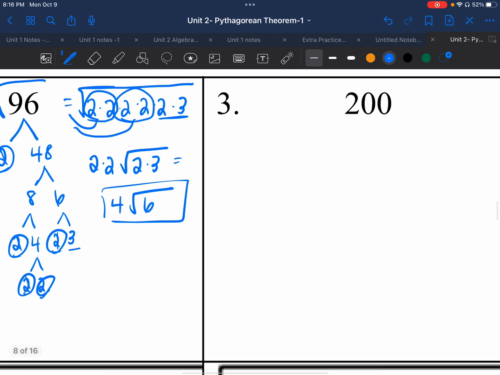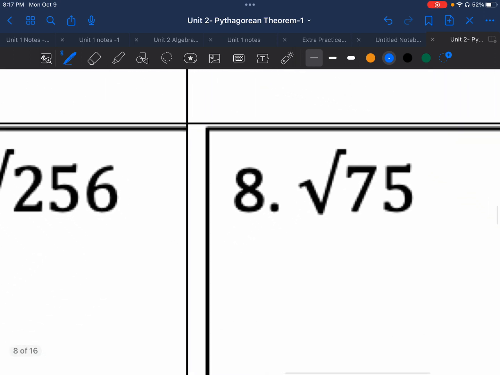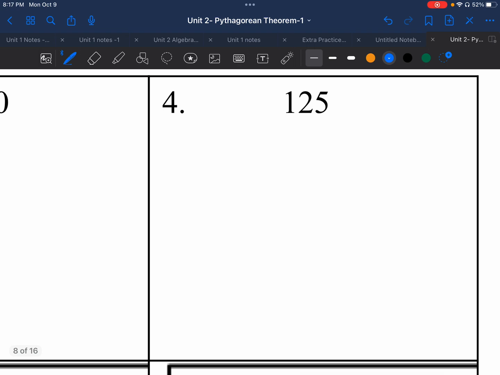Okay, let's get into one bigger number here, and then I think we'll save some of the cube root ones for class. So let's look at what are the factors of 125. I know it's a multiple of 5, 5 times 25.